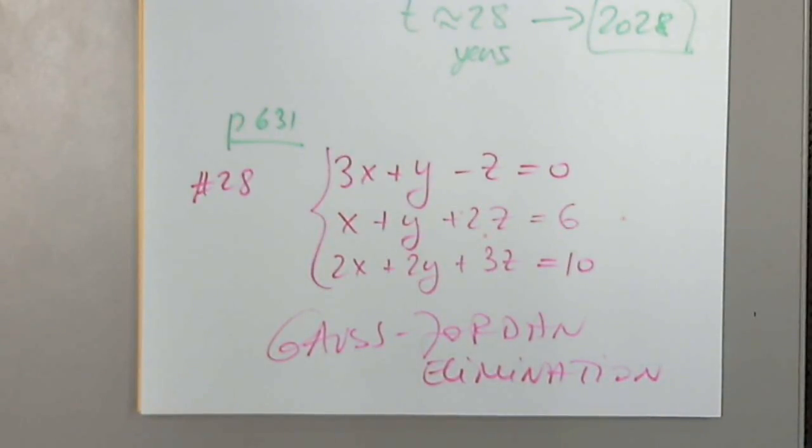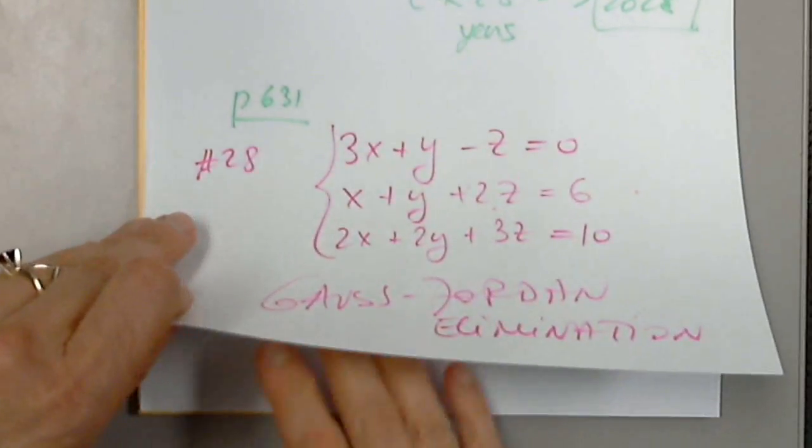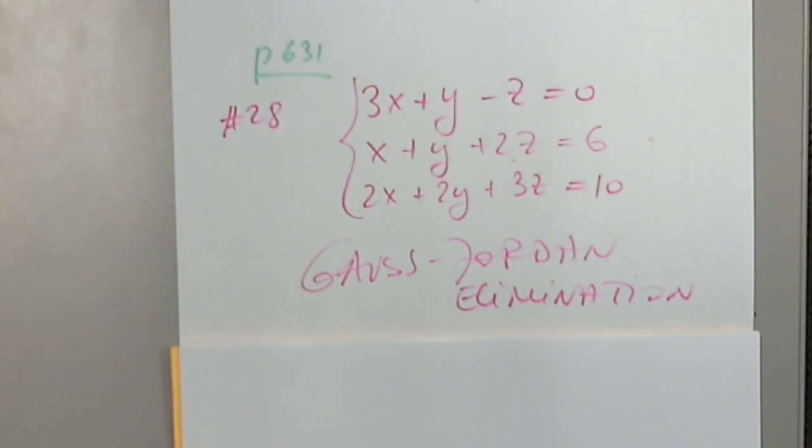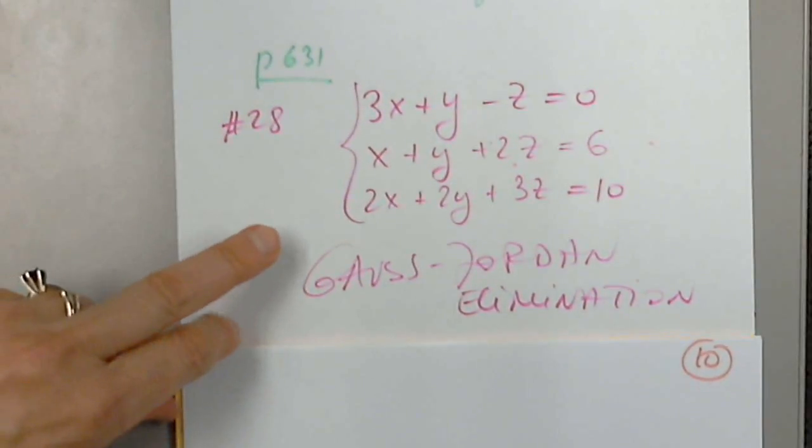How do I do this? What is my starting point? The rows and the columns. Very good. In other words, write the coefficients. Augmented matrix. Very good.